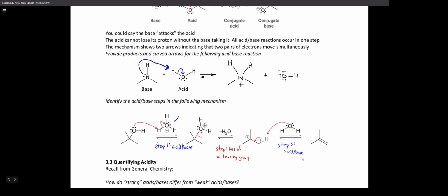As I said a moment ago, later on I'll change the name from acid-base to proton transfer. It turns out in reactions there are only so many possibilities: acid-base, loss of a leaving group, substitution, a few others.